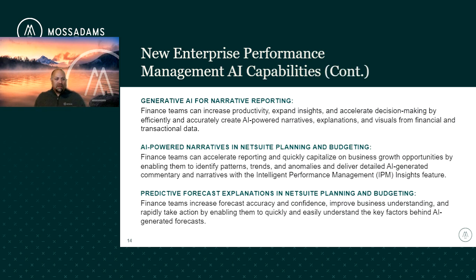So let's talk about some of the AI capabilities that we're seeing now in the EPM bundle. Again, generative AI for narrative reporting, mentioned that before. This is similar to what they've installed in NetSuite Analytics Warehouse in terms of having some insights being given by the AI engine, which should help you increase your productivity, accelerate decision-making, and just be able to point you in the right direction faster, right?